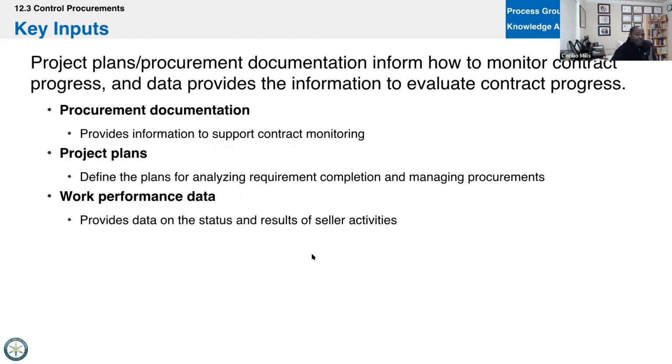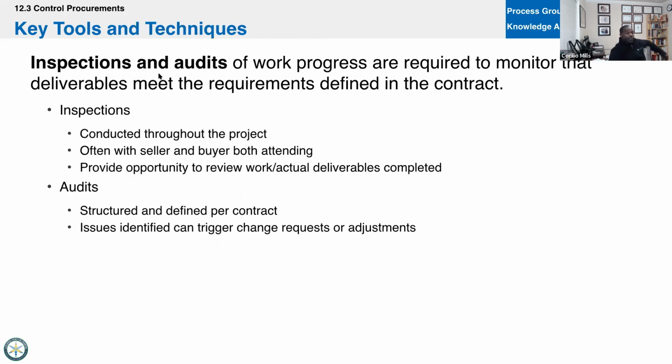To get there, we'll take the RFPs, RFQs, RFIs that we developed. We'll take the plan and any data for exactly what's happening with the seller at that moment. And then we'll inspect and we'll audit their work.